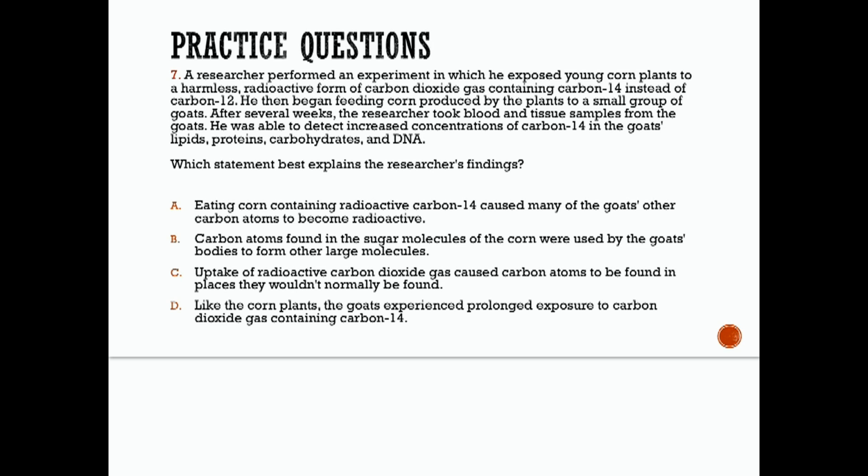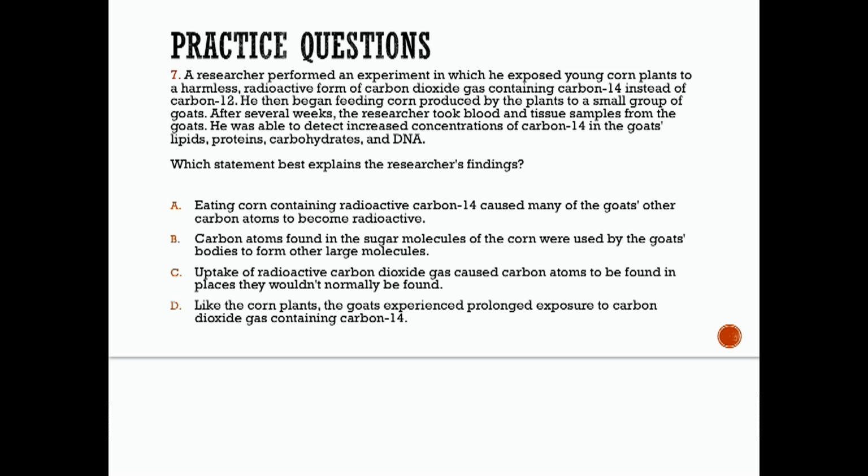So, number 7, a researcher performed an experiment in which he exposed young corn plants to a harmless radioactive form of carbon dioxide gas containing carbon-14 instead of carbon-12. He then began feeding corn produced by the plants to a small group of goats. After several weeks, the researcher took blood and tissue samples from the goats.